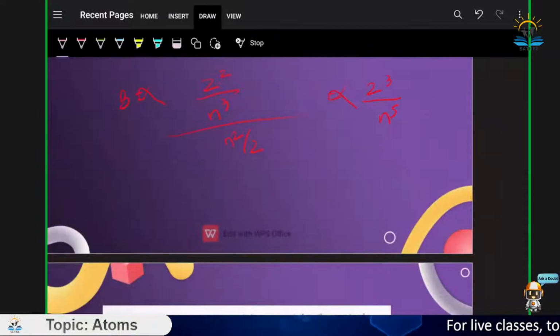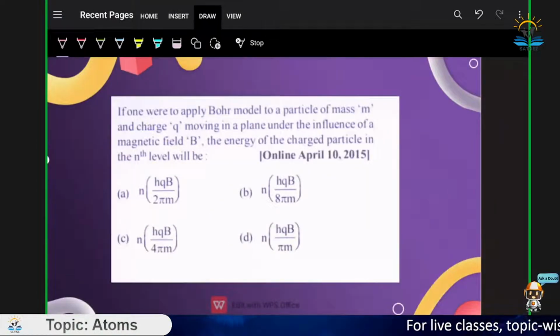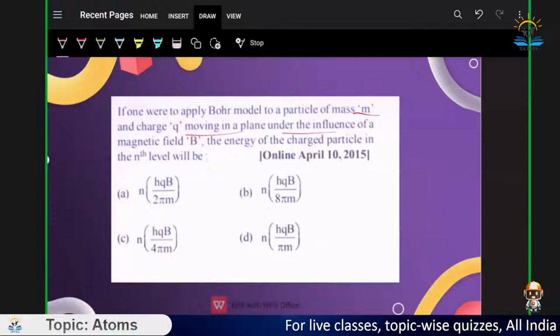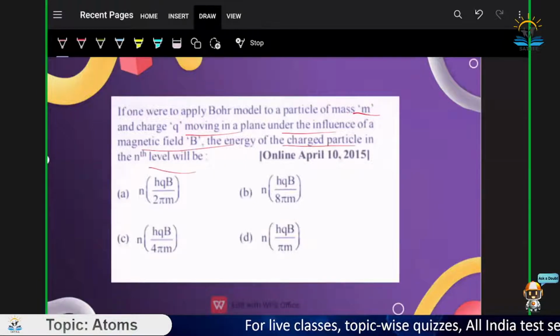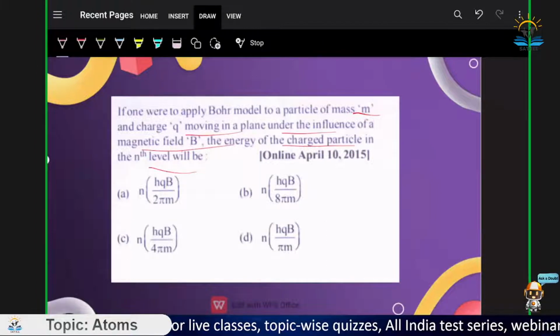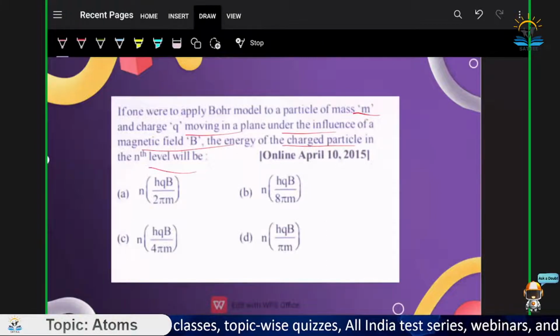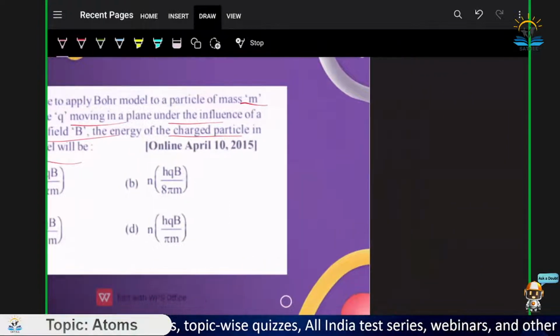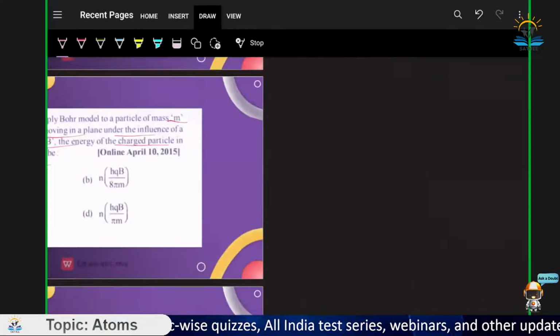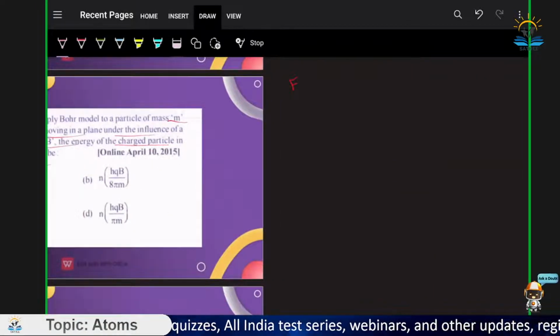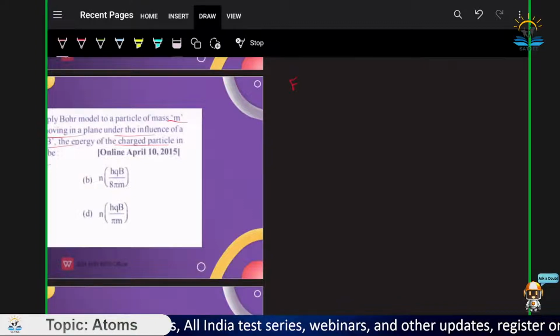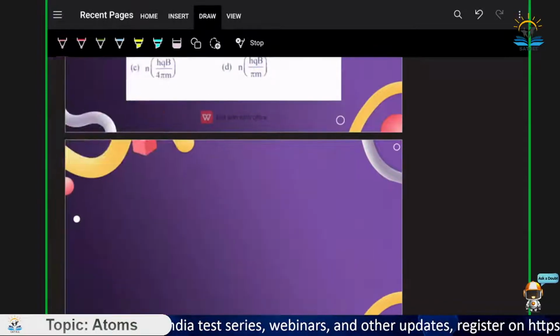Next question. If one were to apply Bohr's model to a particle of mass M and charge Q moving in a plane under the influence of a magnetic field, the nth level will be... The centripetal force F is equal to, who is providing that?